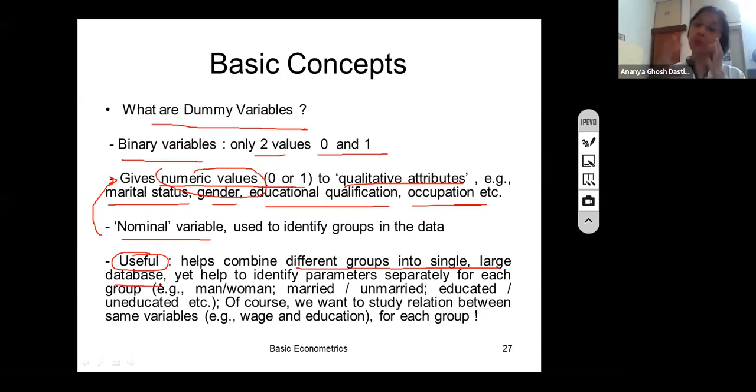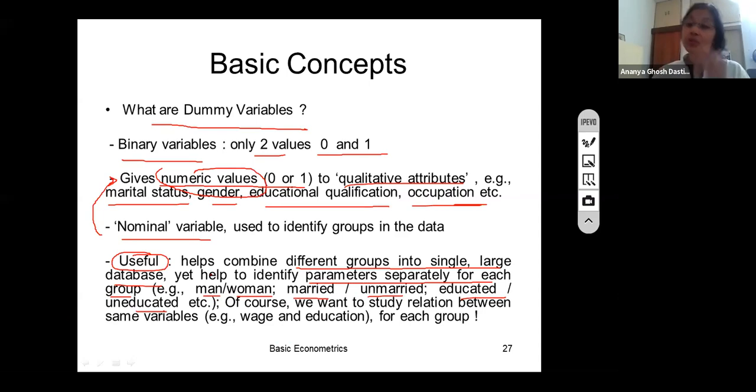You can put them all together as a single dataset, and yet you can separate out the parameters for each group. So you can separate out that this is the regression line for men, this is the regression line for women, this is the one for married people, this is for unmarried, this is for educated, this is for uneducated, etc.